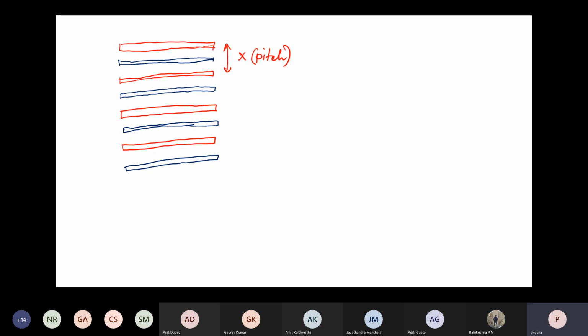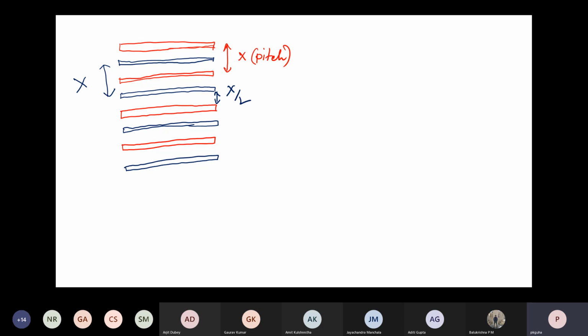Okay, so we write red lines with pitch x, and then we overlay another set of lines, say blue lines, of the same pitch, say x. So you see, the resultant pitch will be x by 2. This has pitch x, this has also pitch x, but the resultant pitch is x over 2, right? This is basically double patterning.